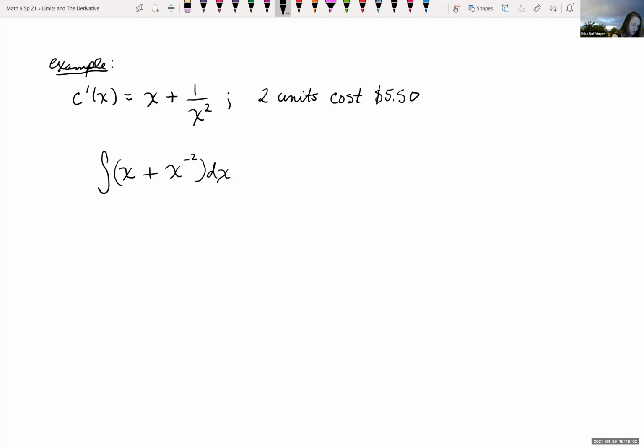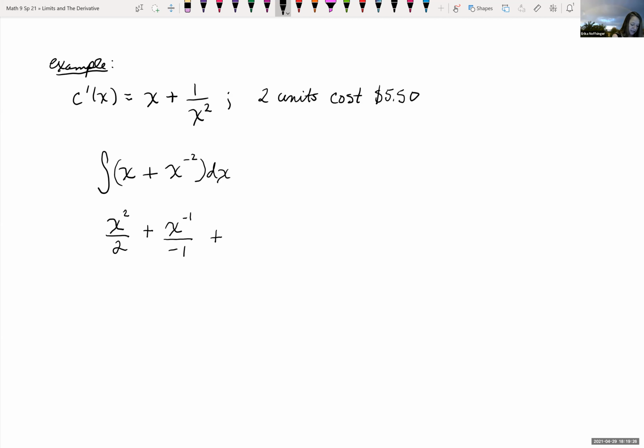Now it's in the form where we can take the antiderivative. So add 1 to our exponent and divide by our new exponent. The antiderivative of x is going to be x squared over 2, plus the antiderivative of x to the negative 2 power: add 1 to our exponent, we get -1, divide by our new exponent, -1, plus some constant c.